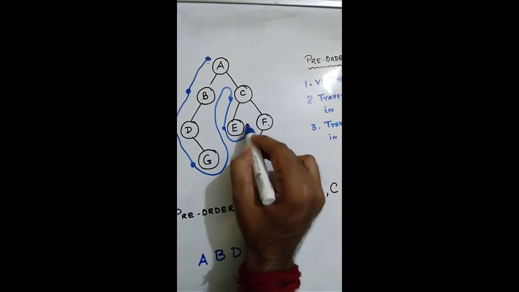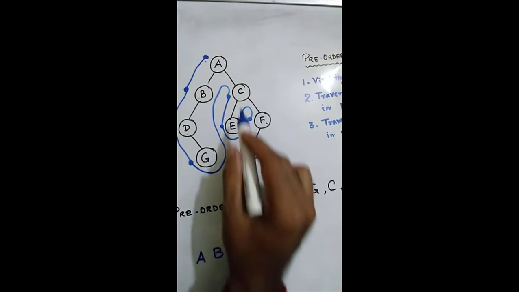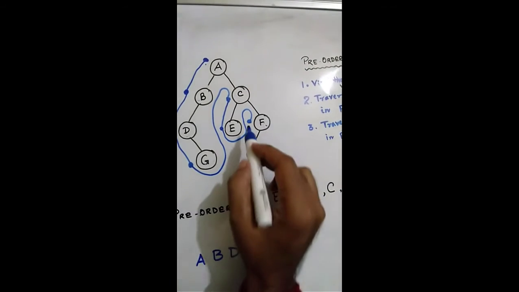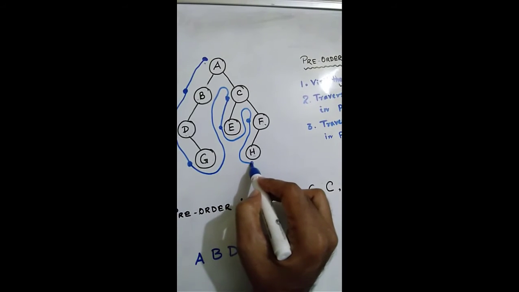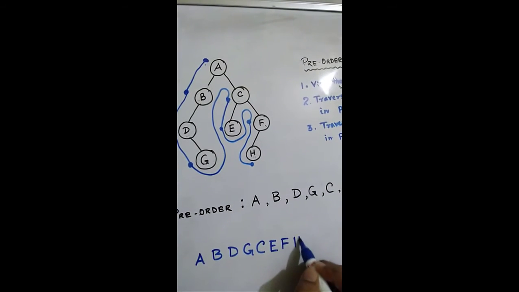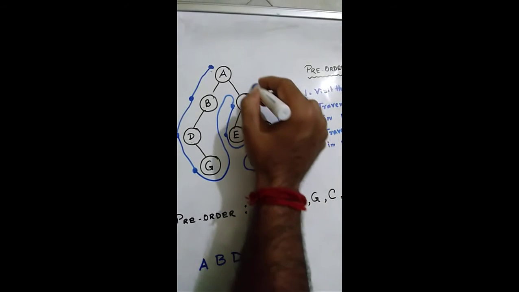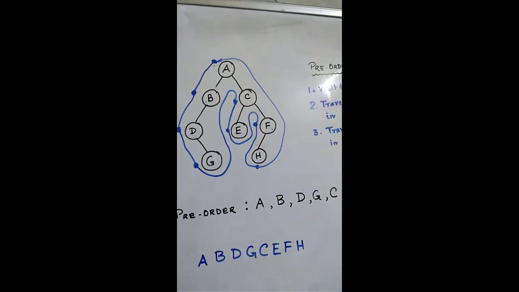After E we visit F. C is already visited, so after E we have visited F, and after F we have visited H. So from here all the nodes are visited, so we will stop the process where we started.